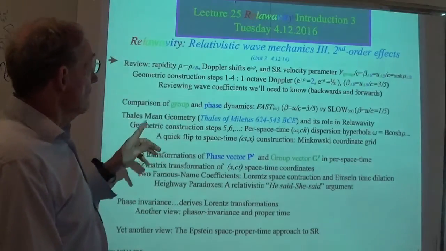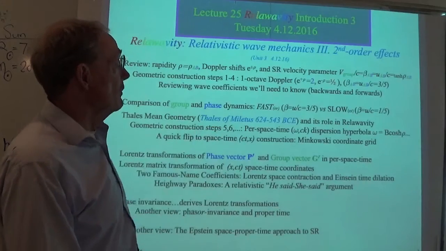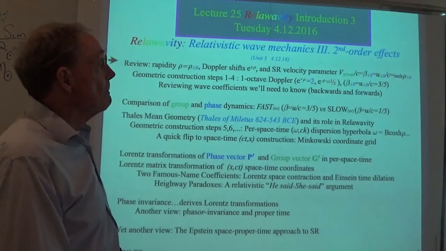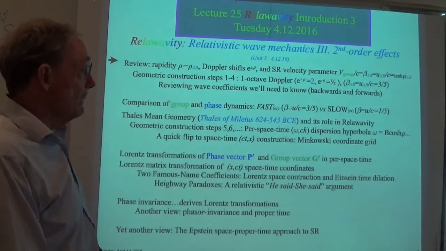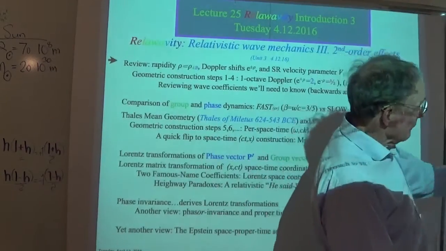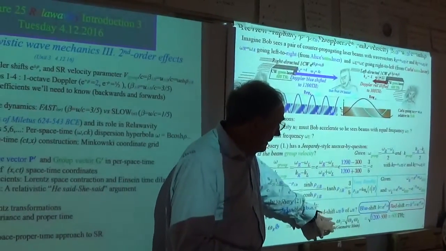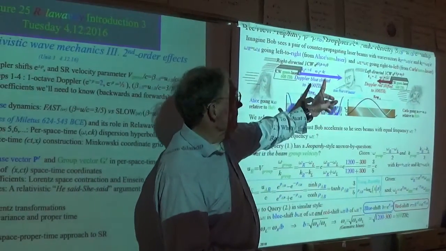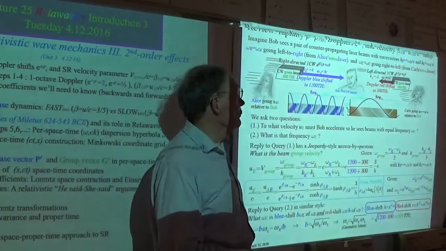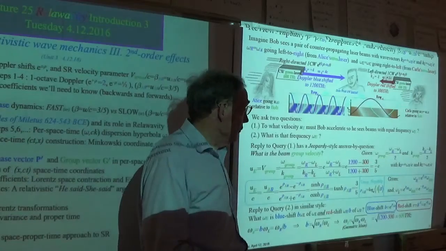We'll also be, at this point, introducing something really old, 600 BCE, and it is based on the formula that's at the very bottom of the thing that we worked out last time, namely the geometrical mean. So one of the first jobs for Bob getting 2 frequencies, one forward, one backward, is to take the geometrical mean.